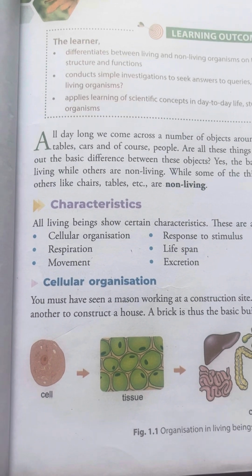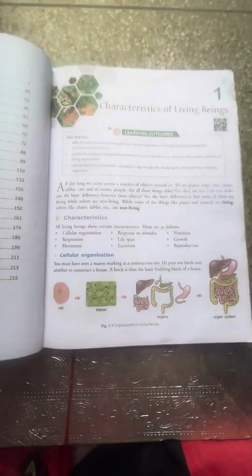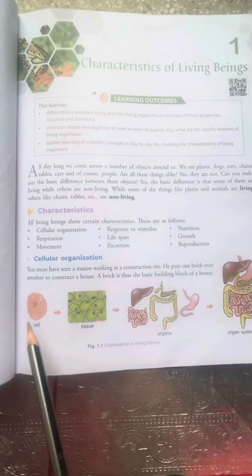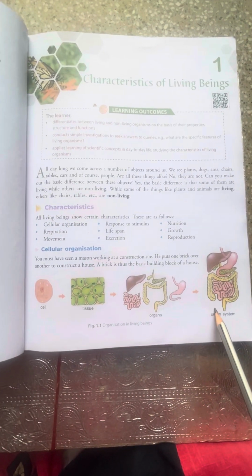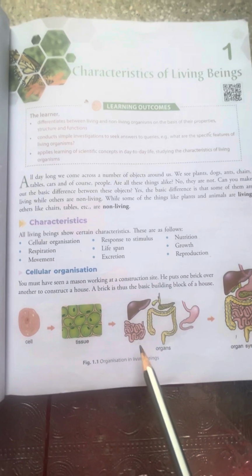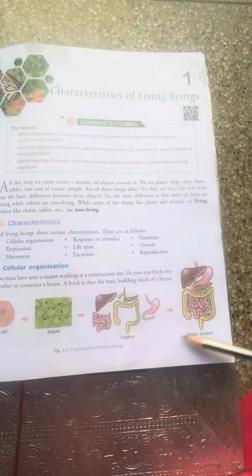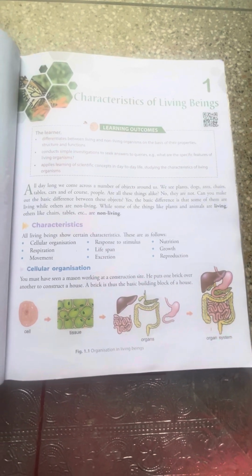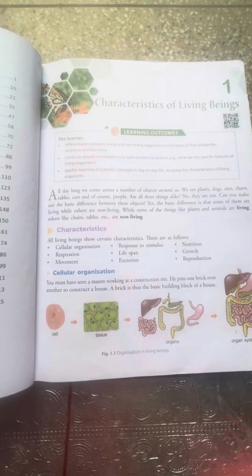As we all know, there's this diagram you have already seen in your book in your junior classes: cell makes tissue, tissue makes organ, organ makes the organ system, and through the organ system we get our complete body.